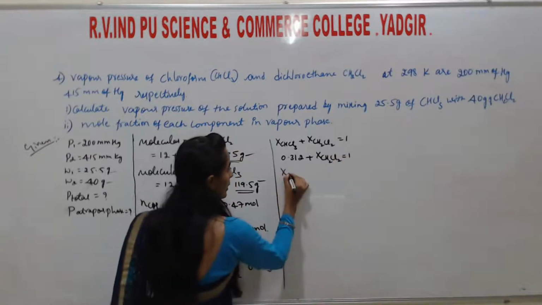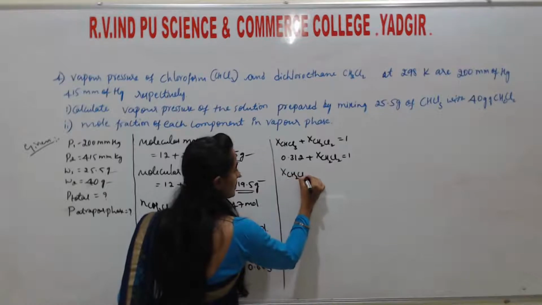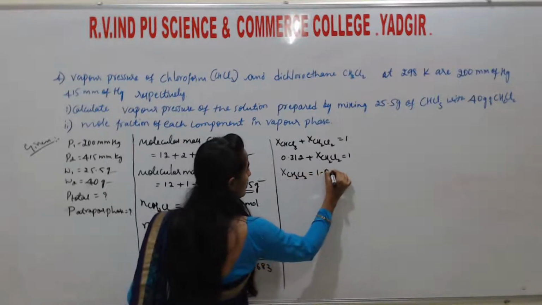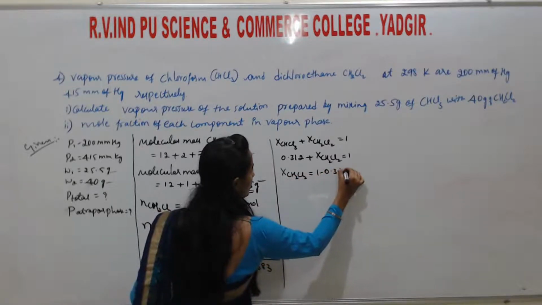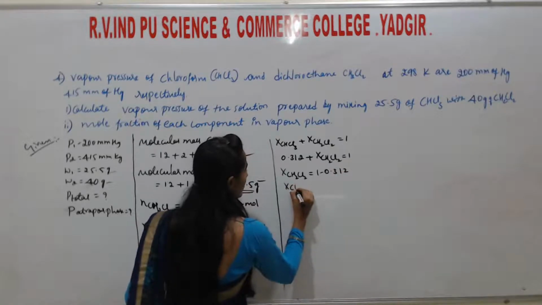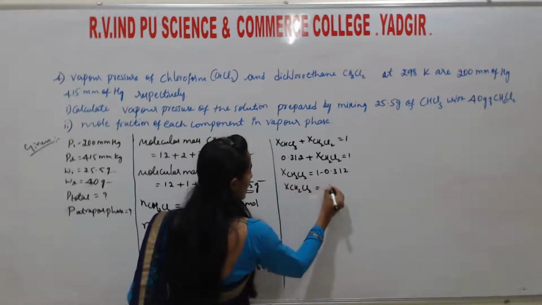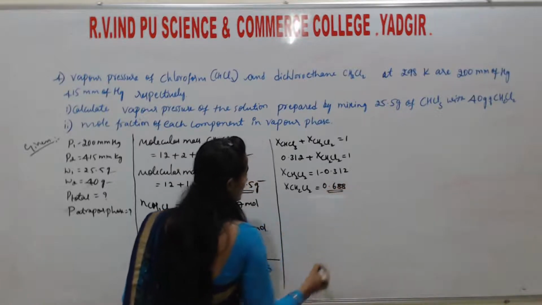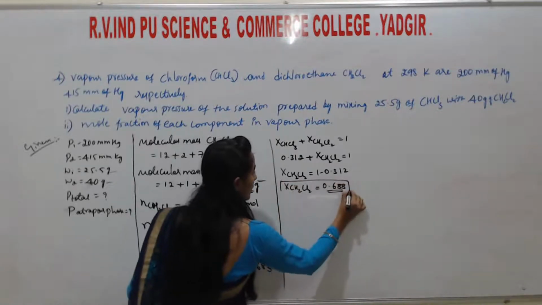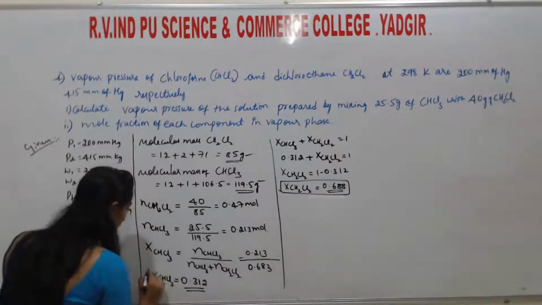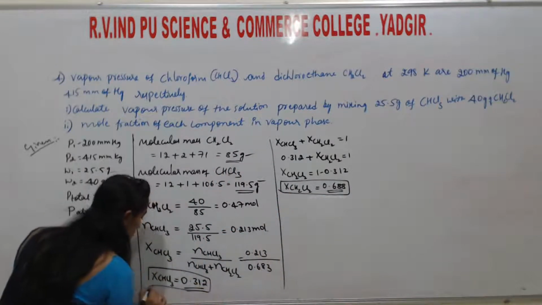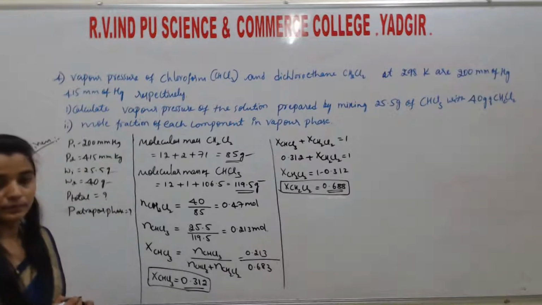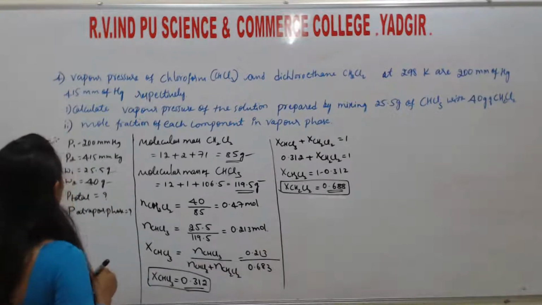Then X of CH2Cl2 is equal to 1 minus 0.312. We will get X of CH2Cl2 as 0.688. This is the answer. We got X of this and X of this. Okay. Then what we are going to calculate, students?